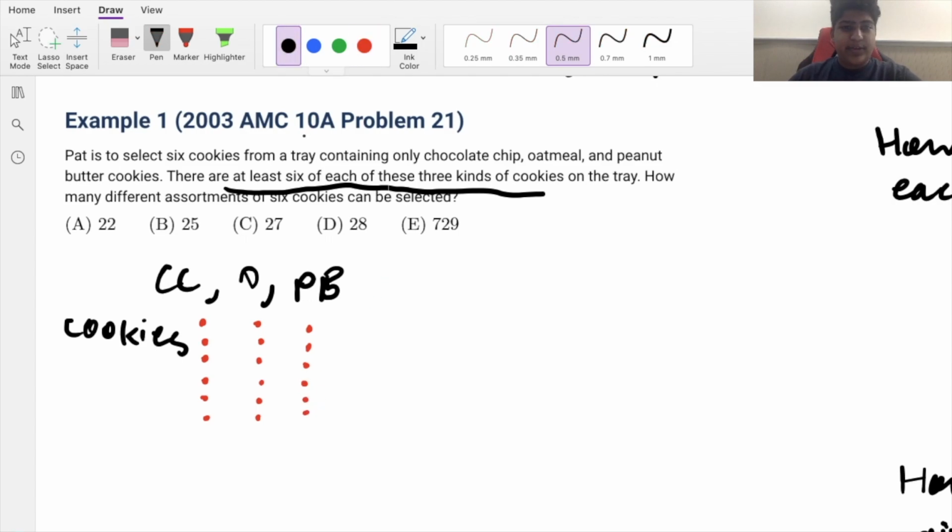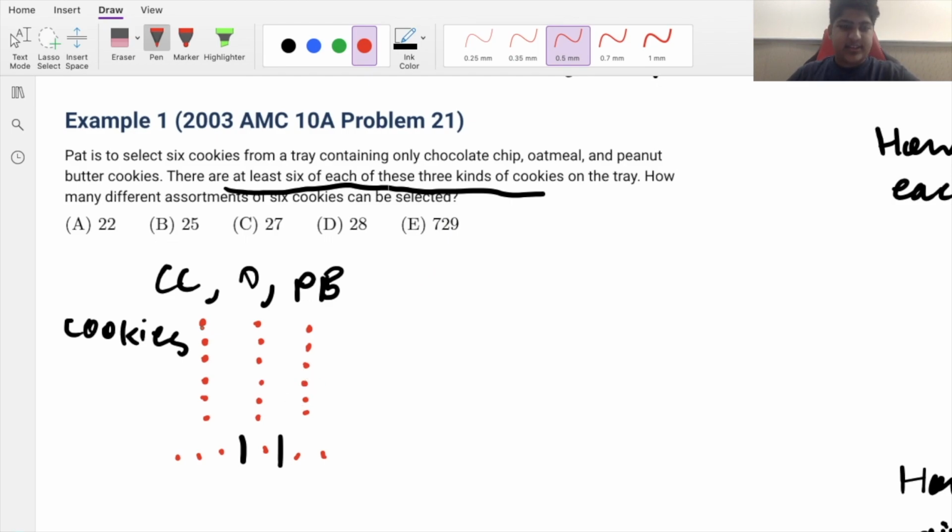Now, remembering our stars and bars argument, we need to have 3 minus 1, or 2, partitions. Since we only select 6 cookies, we just need 6 cookies in the stars and bars. Again, there is no restriction on which cookies we can take, because the problem doesn't say so, and there's no restriction on the minimal amount of cookies as well.